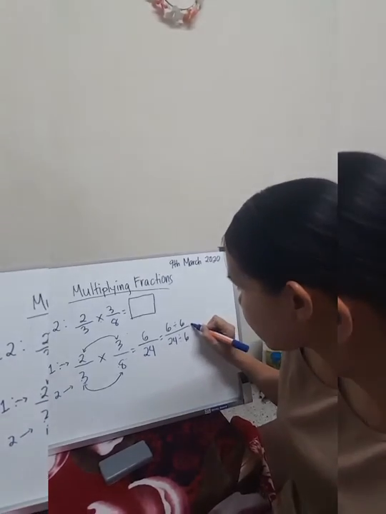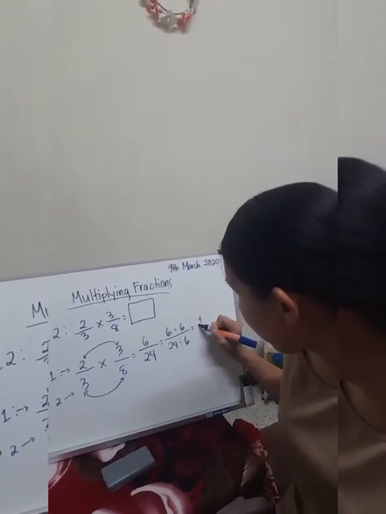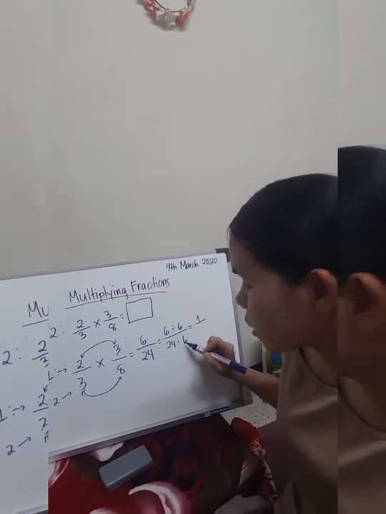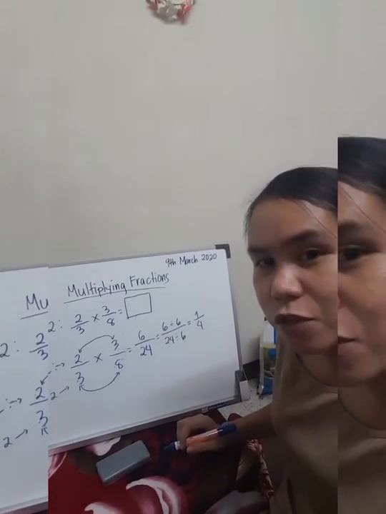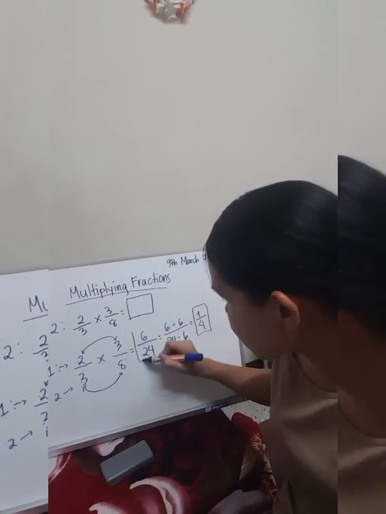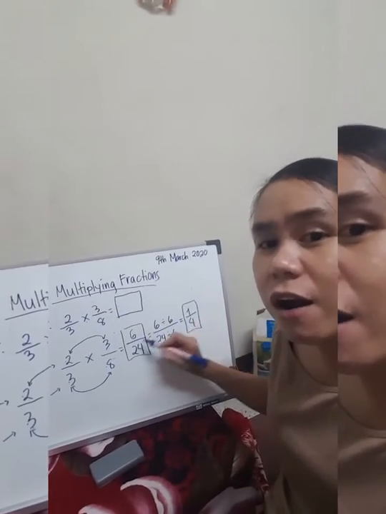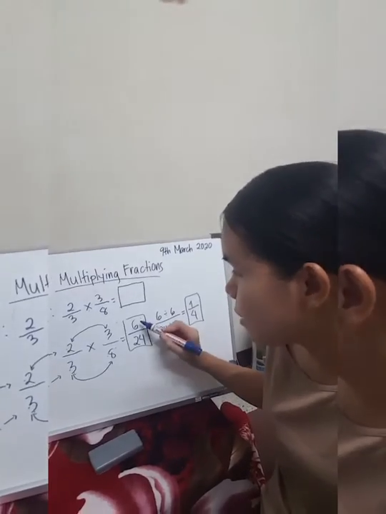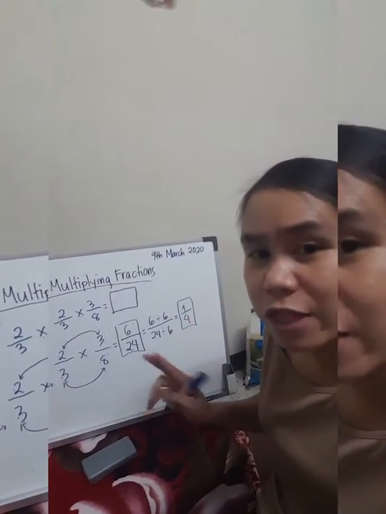Yes. So 6 divided by 6 equals 1. 24 divided by 6 equals 4. So 1/4 and 6/24 are equal. 6 over 24 and 1 over 4 are the same.